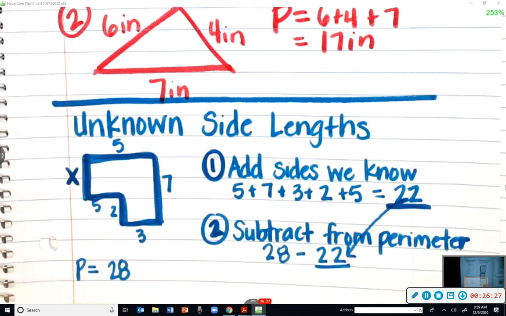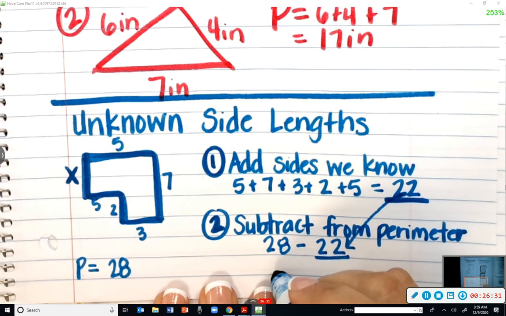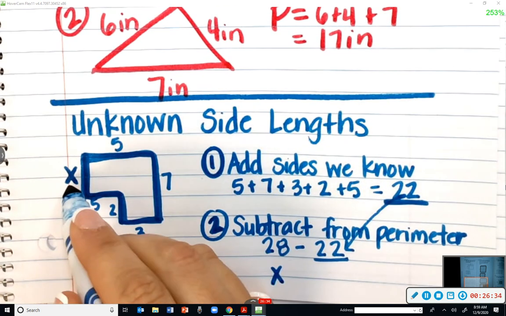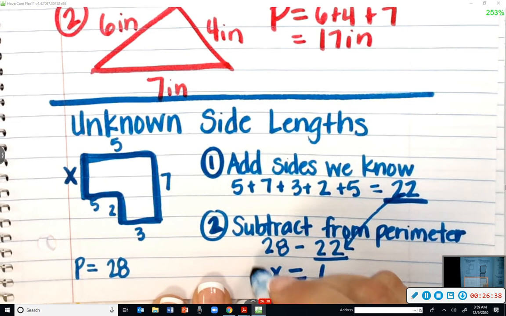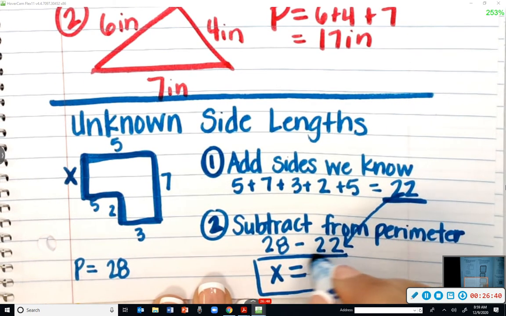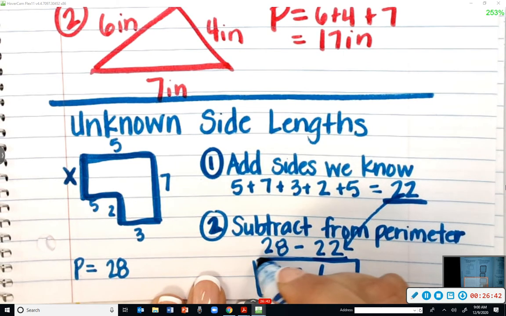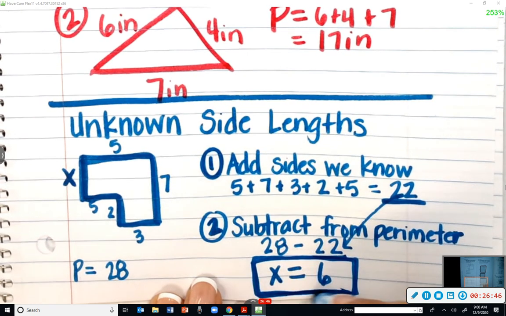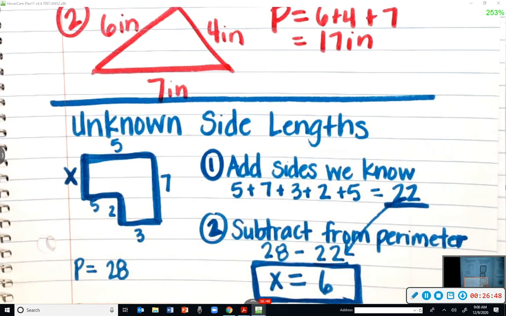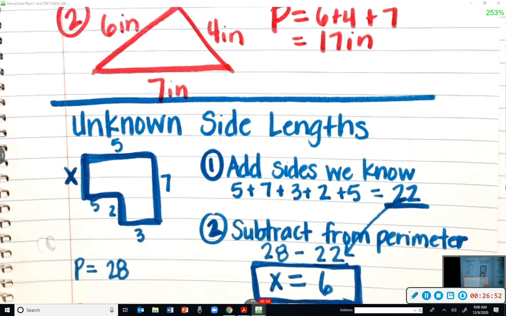Okay, so that's it. Your answer would be 6, right? X was our missing side, so X would equal 6. Okay, take good notes because you're going to be able to use these on work that you're doing.